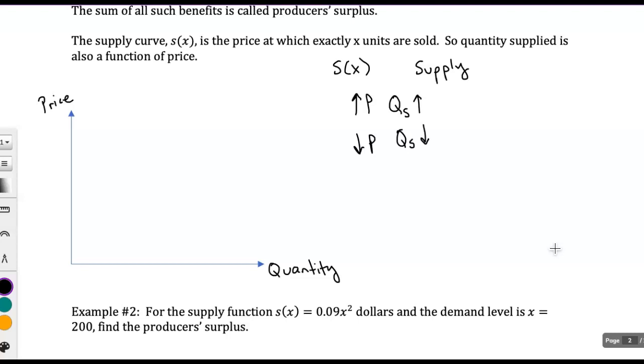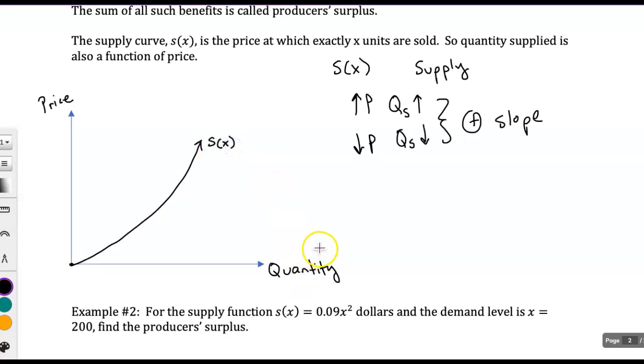So the supply curve has a positive slope. Okay. So I'm going to go ahead and draw a supply curve. If nobody's paying me anything, I'm not outputting anything. So we usually go down here to 0 and draw an upward sloping supply curve.